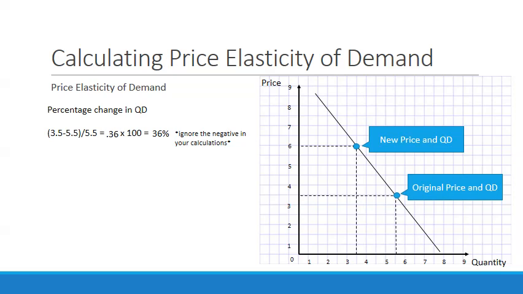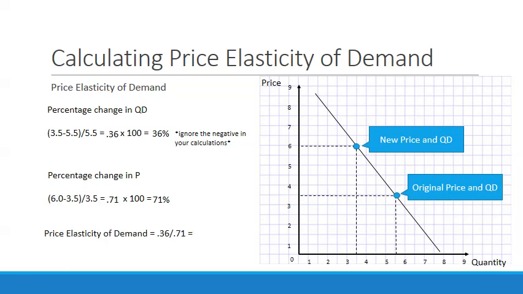What the negative tells us is that quantity demanded fell 36%. For the percentage change in price, we do the same thing. We take the new price, which is $6, minus $3.50, divided by $3.50, and we get 0.71. So that's 71%.